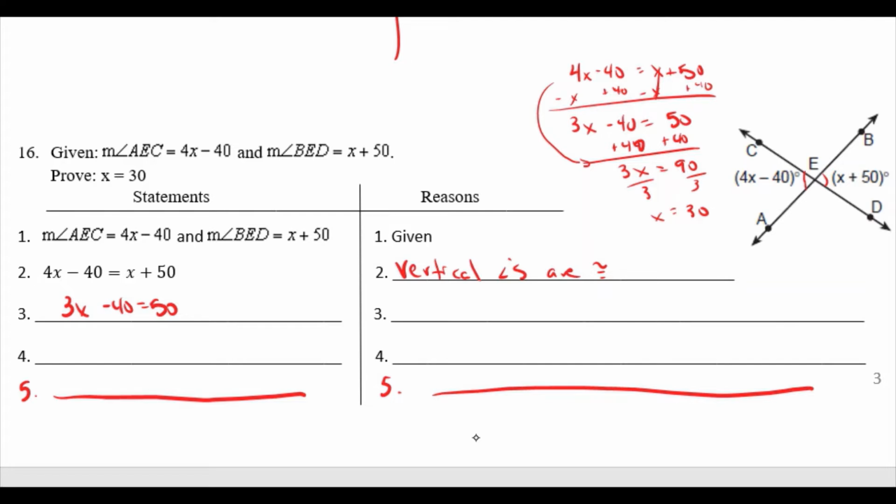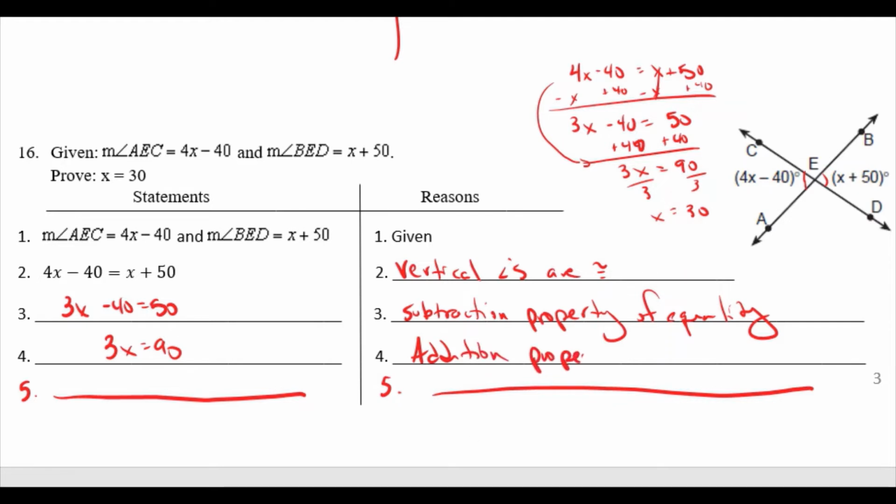So 3x minus 40 equals 50, and this is the subtraction property of equality. Then I'm going to add that over to get 3x is equal to 90. And this is the addition property of equality.